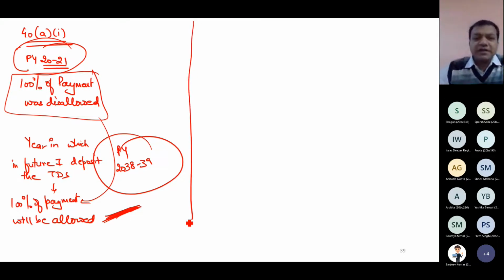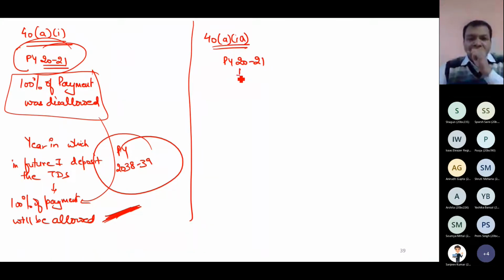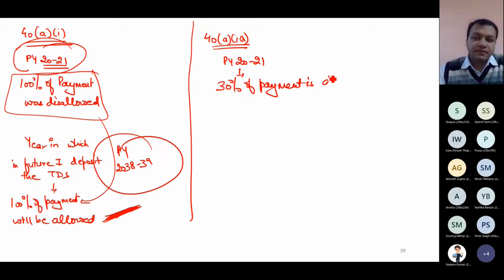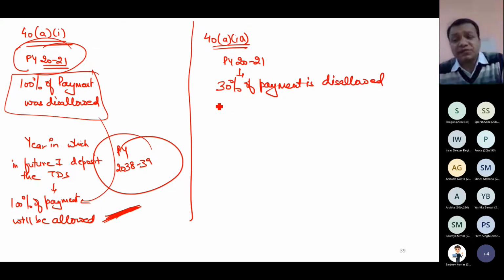But now what is happening in 40A1A? If payment is related to previous year 2021, only 30% of payment is disallowed. Still, though I haven't deposited the tax on time, 70% of payment will be allowed without any fault.